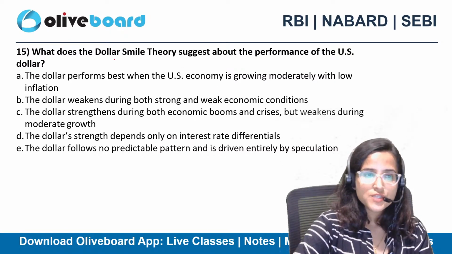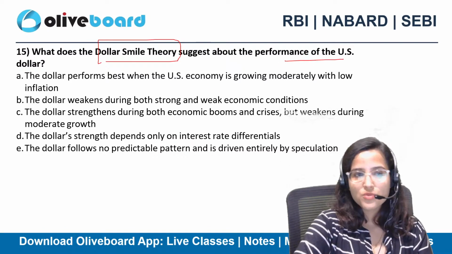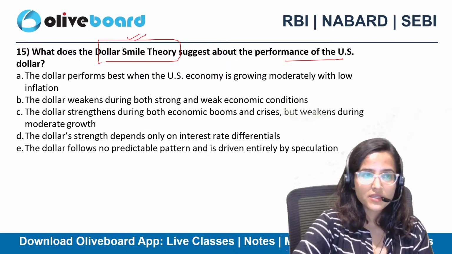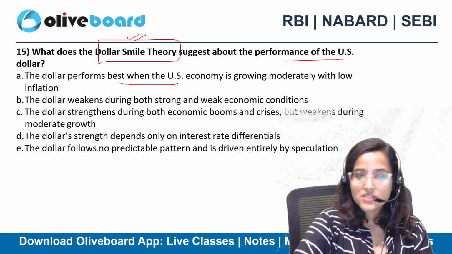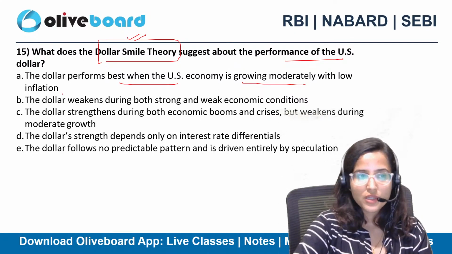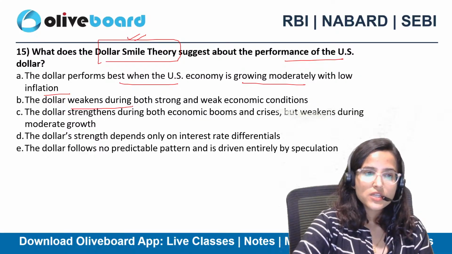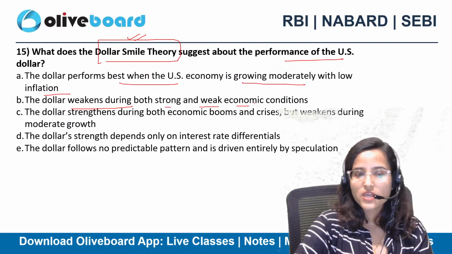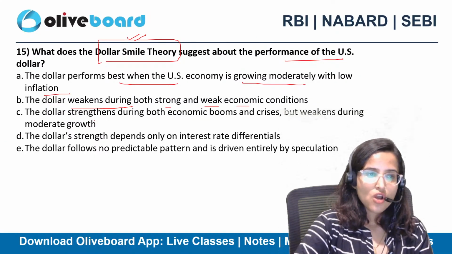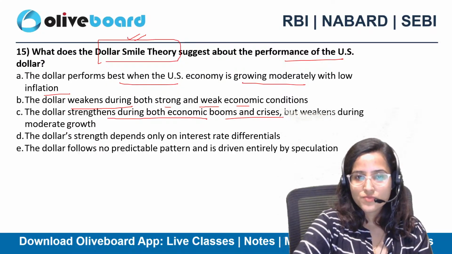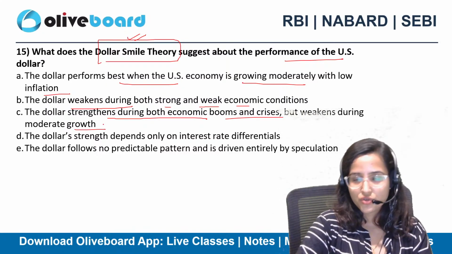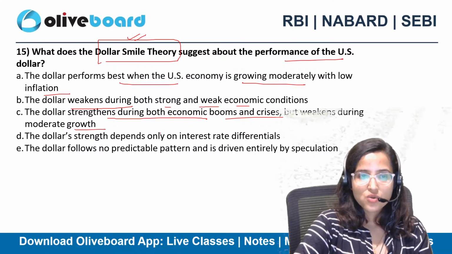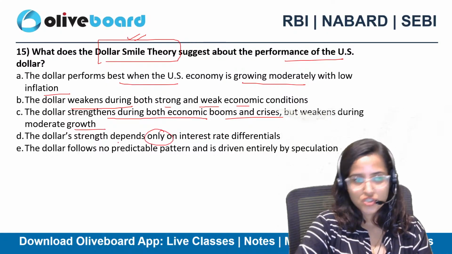What does the dollar smile theory suggest about the performance of the US dollar? The dollar performs best when the US economy is growing moderately with low inflation. The dollar weakens during both strong and weak economic conditions. The dollar strengthens during both economic booms and crises but weakens during moderate growth. The dollar strength depends only on interest rate differentials.